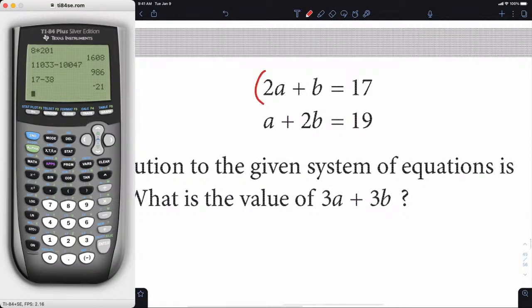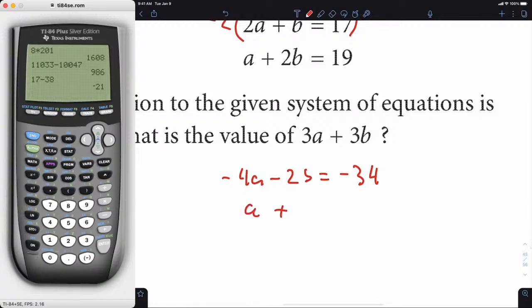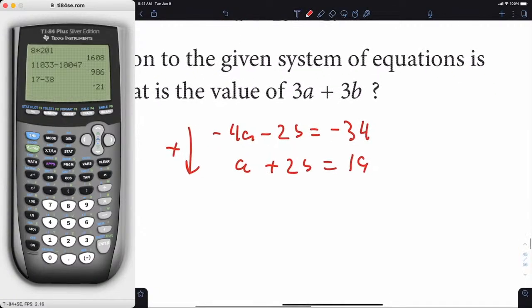This time I'm going to multiply this by -2. Let's see if that works a little better. I don't know what happened there. Negative 4A minus 2B equals negative 34. Okay. A plus 2B equals 19. Add down. Negative 4A plus A is negative 3A. These are going to cancel, and that's going to equal negative 34 plus 19.